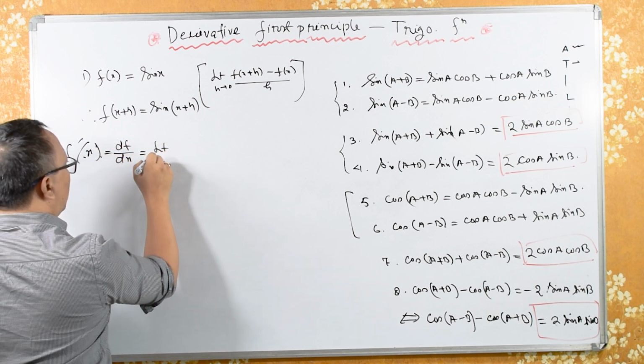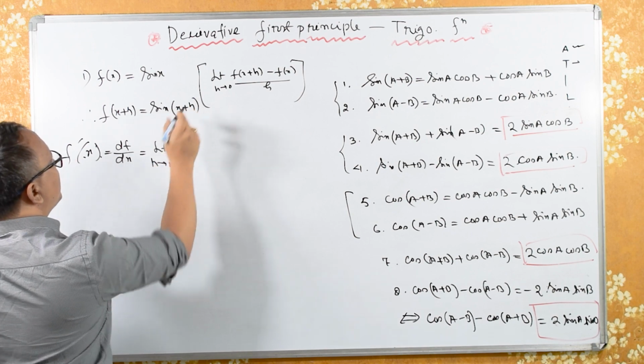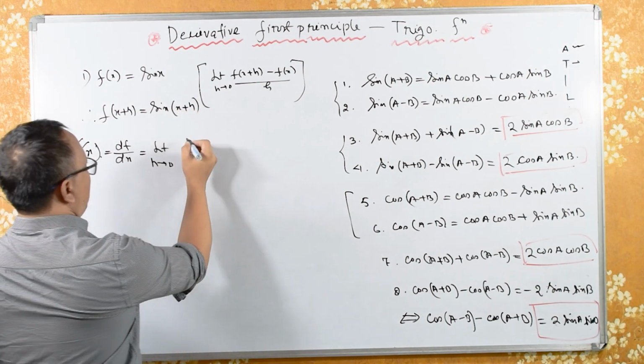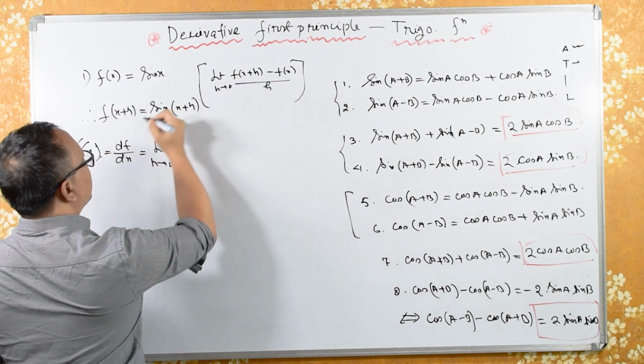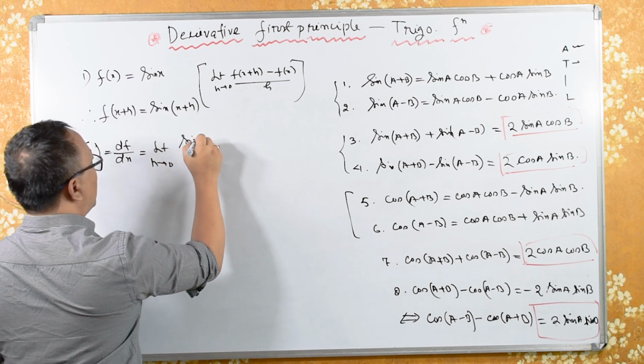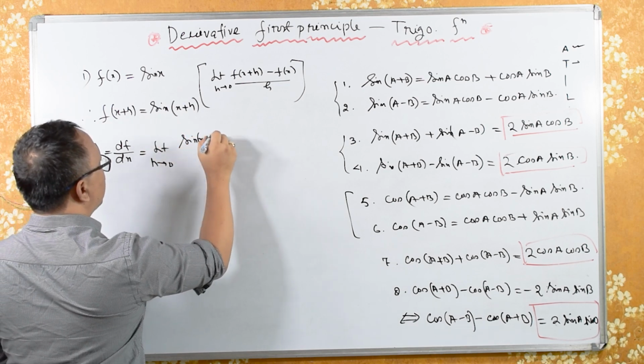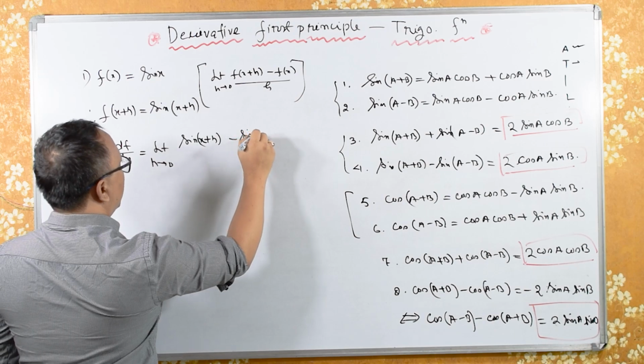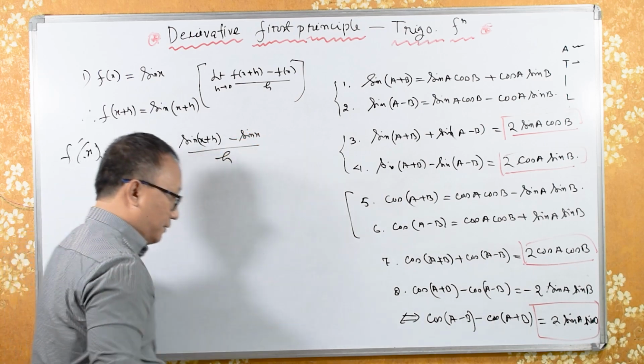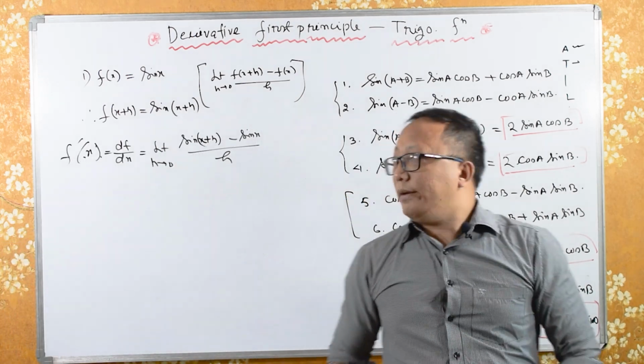This is the same as the limit of h tends to 0, where h is greater than 0, of f of x plus h, which is sine of x plus h minus sine of x upon h. Now here we have two options.